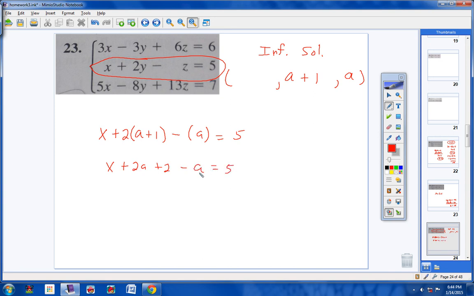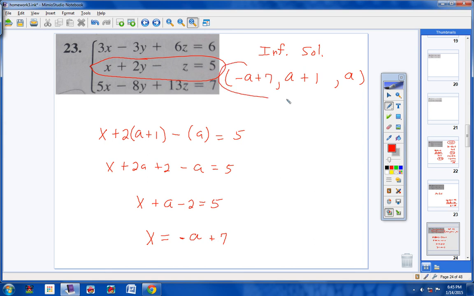Okay, and so then we'd have, let's see, 2a minus a is a, so x plus a minus 2 equals 5. Now bring your a over and bring your negative 2 over, and you're left with x equals negative a, and bring your negative 2 over, make it a positive 2, and combine it with a 5. So negative a plus 7 would be the answer for x. So we'll put that right here for x.